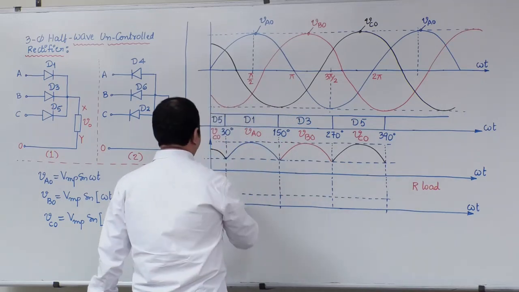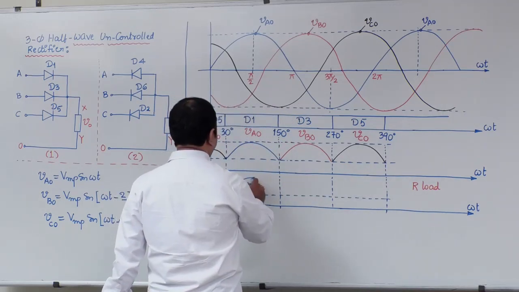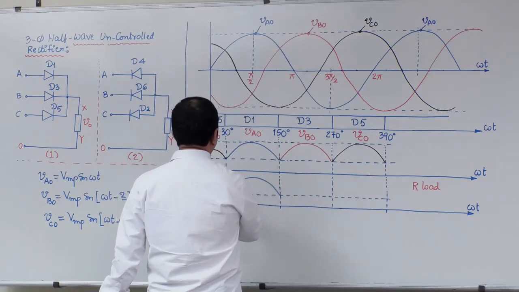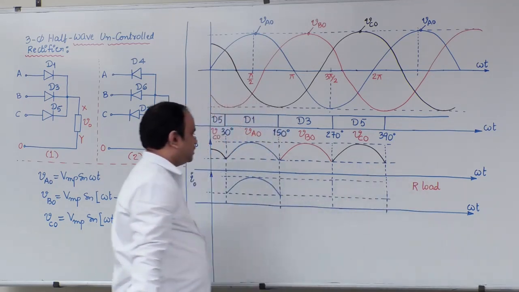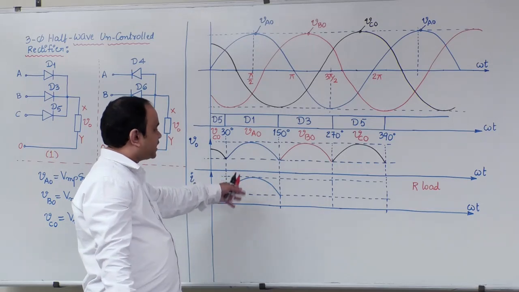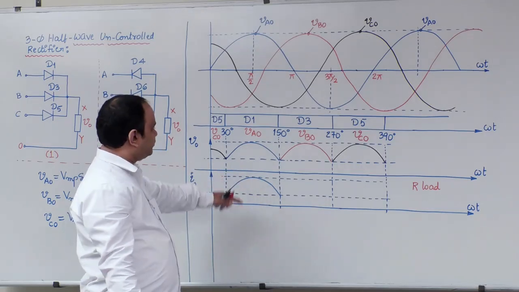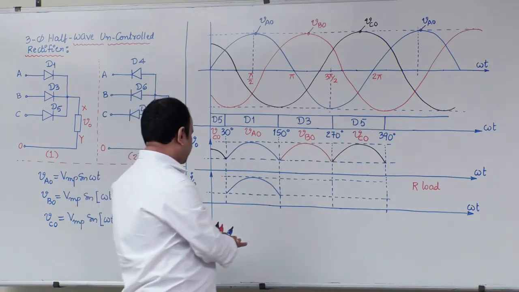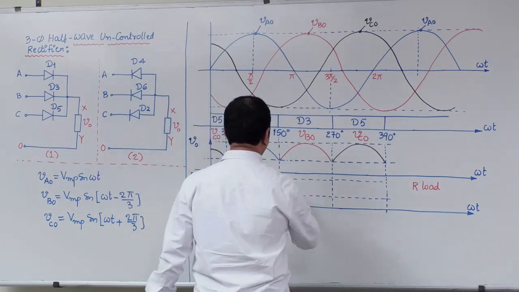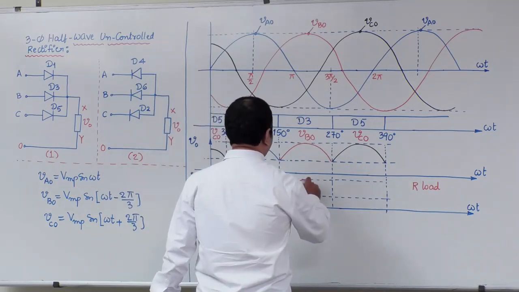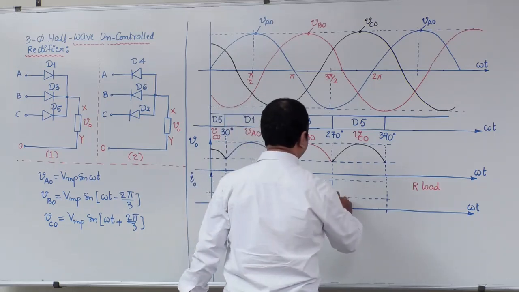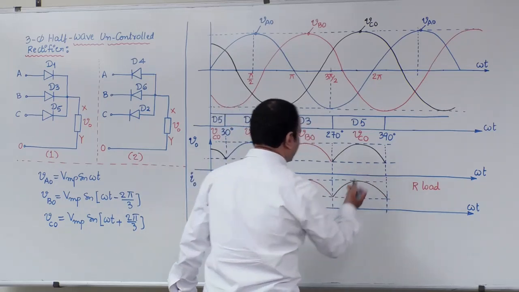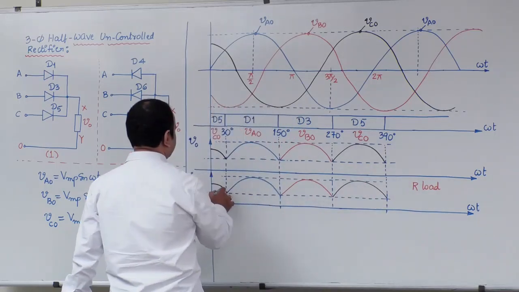The output current just follows the output voltage; the only difference is magnitudes. Just divide by the resistance and you will get the output current waveform for a resistive load. V0 is already plotted. Now this is the output current waveform.